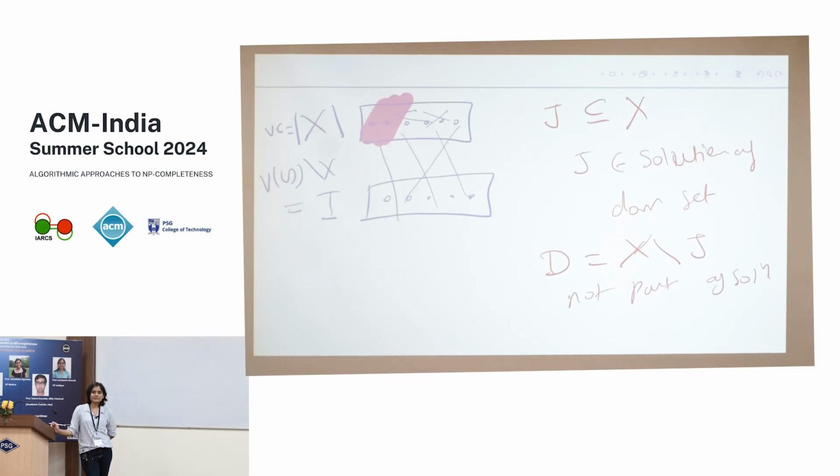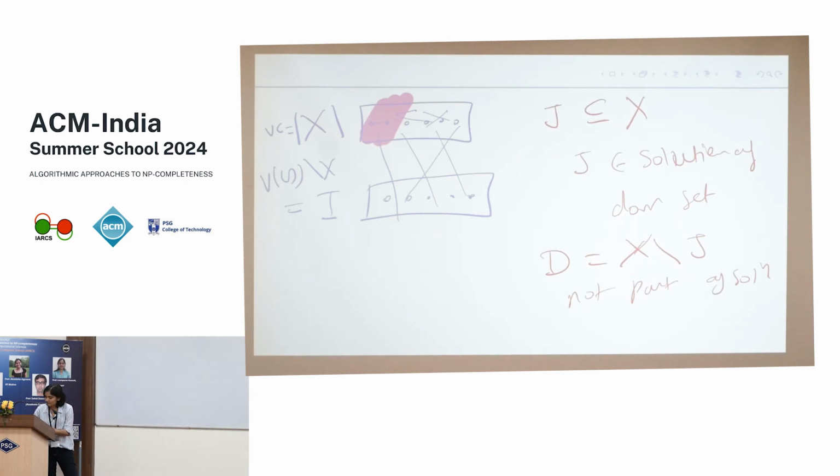They become part of the solution, right? Because I don't have any other edges from independent set to independent set vertices. All the edges are coming from vertex cover to independent set. And if there is a part which I don't take in solution and a vertex is only neighbor to that part, then I have to take that vertex in solution, right?